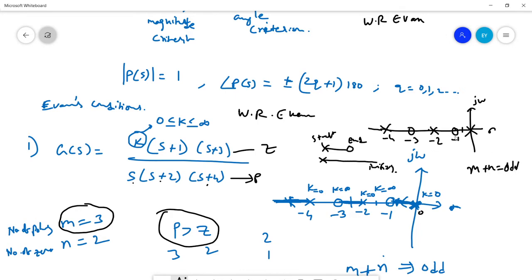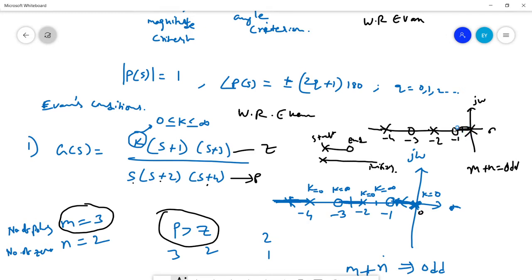So if I am standing at a test point and looking towards my right side, the sum of the number of poles and zeros should be odd. Consider a test point here, look towards your right side, there is 1 pole here, therefore the locus exists here.